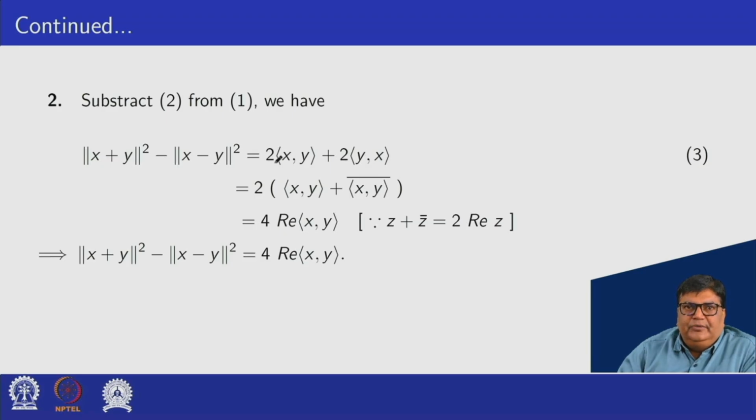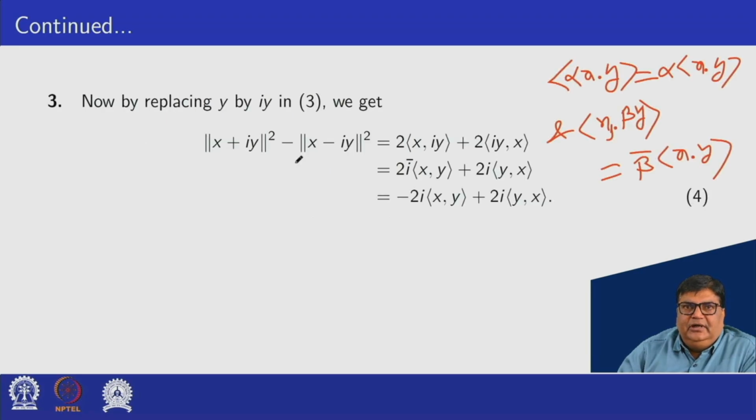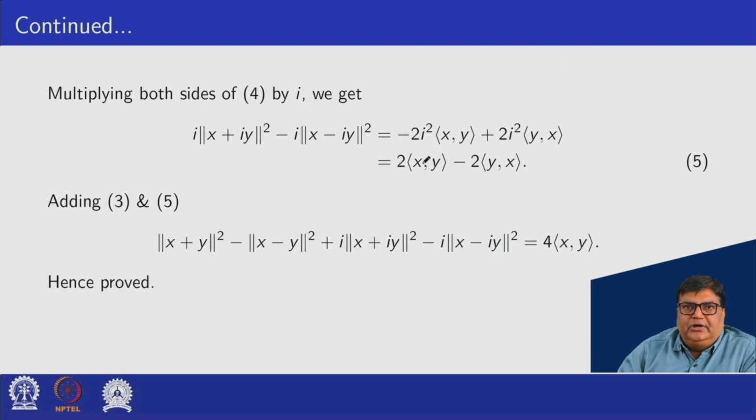So 2 inner product of xy from here and 2 inner product of xy from here, we have 4 inner product of xy. So this is known as the polarization identity. Hence, this completes the proof of the theorem.